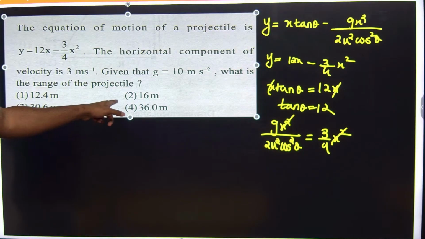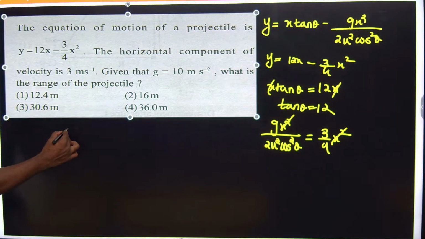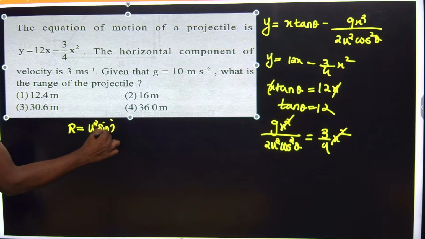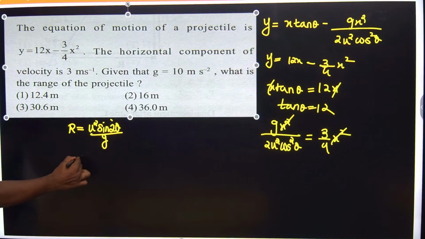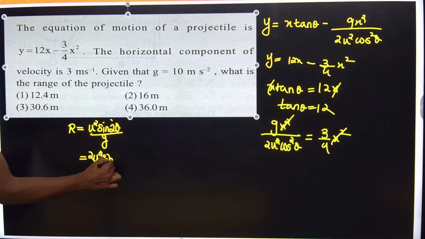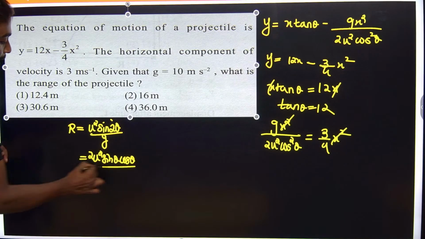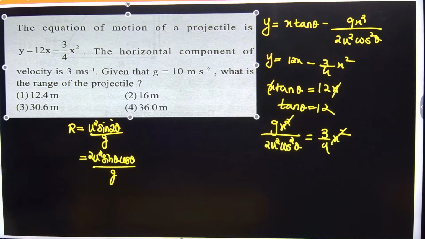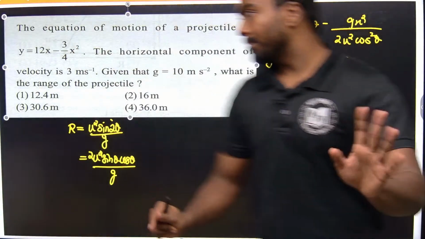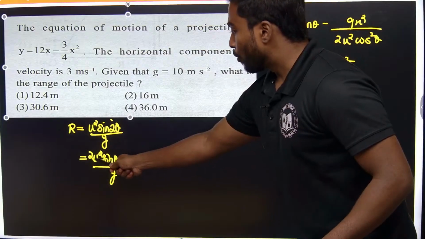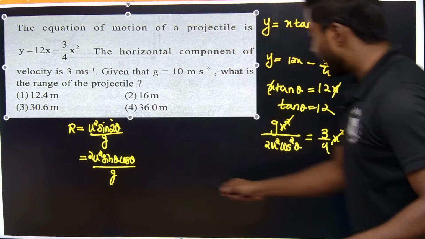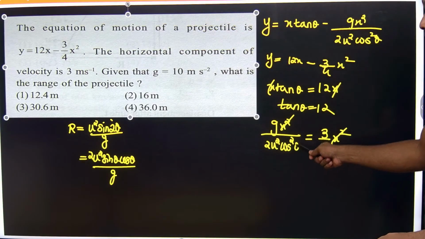Now what are they asking? Range is the thing they are asking. Range is equals to u square sin 2 theta by g. This can be written as 2 u square sin theta cos theta by g. Listen carefully here. Here 2 u square cos theta by g is there, but in the given there is u square cos square theta.